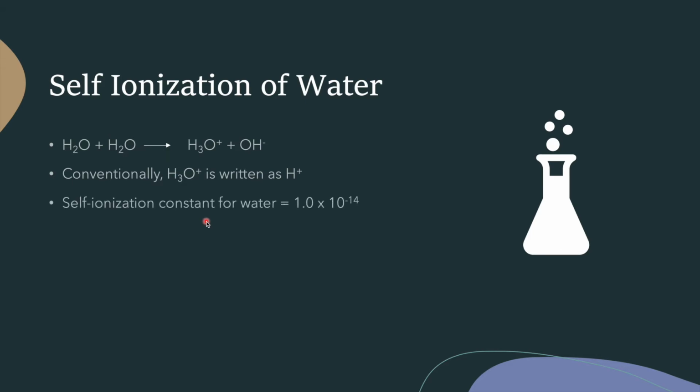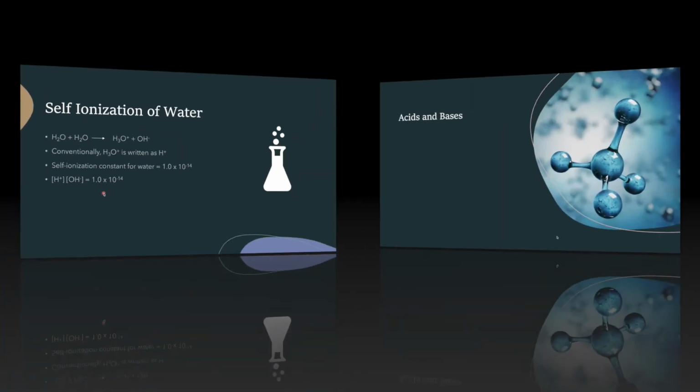The self-ionization constant for water is 1.0 times 10 to the negative 14. The self-ionization constant for water can be exemplified with this formula. The molar concentration of hydrogen ions times the molar concentration of hydroxide ions in a solution equals the self-ionization constant for water.